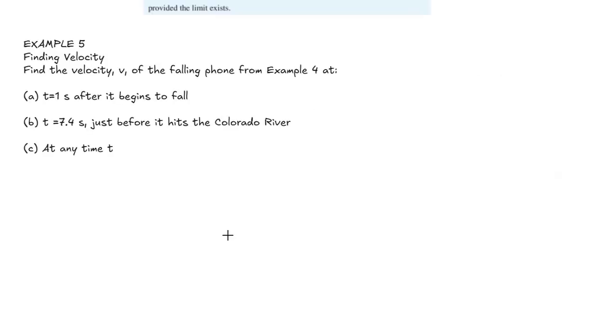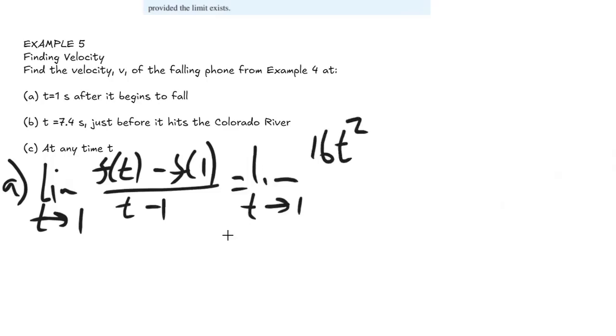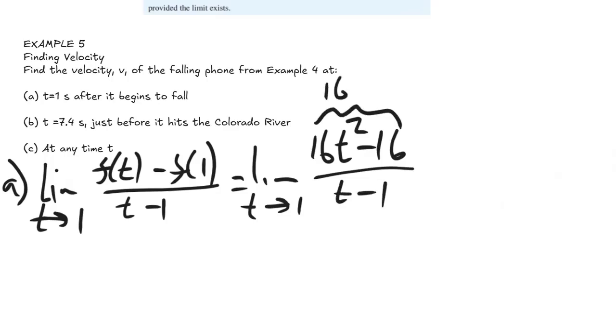So for part A, we'll do the limit as t approaches 1 of f of t minus f of 1 all over t minus 1. And that's going to be 16t squared minus 16 all over t minus 1. Now, if we take the numerator, you can factor out a 16. And then the t squared minus 1 is going to be a difference of squares.